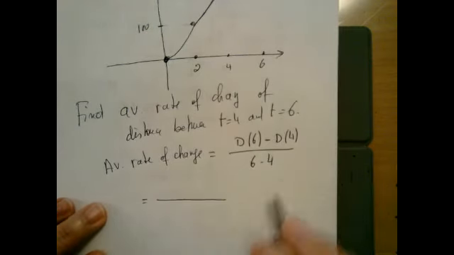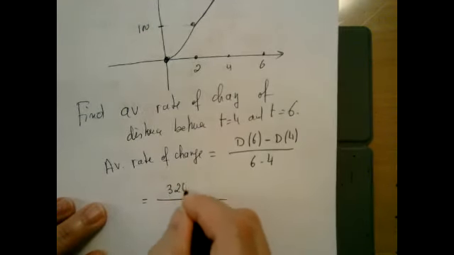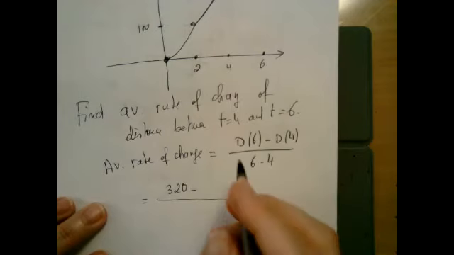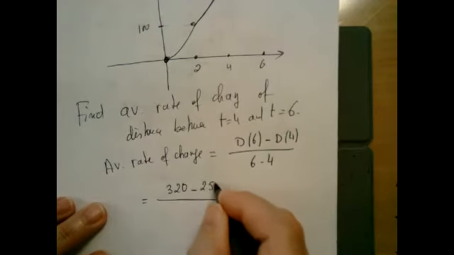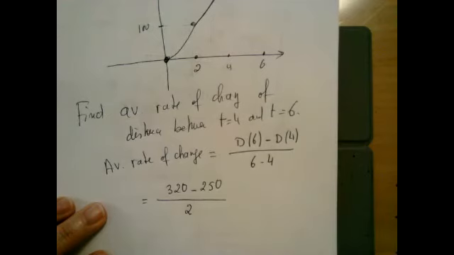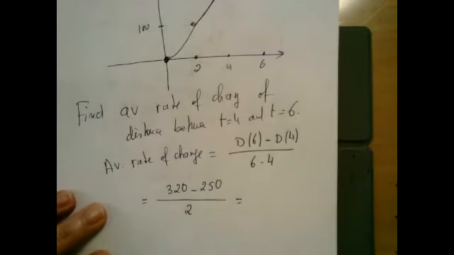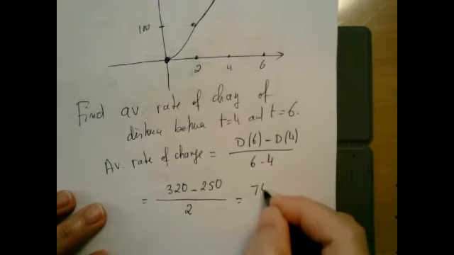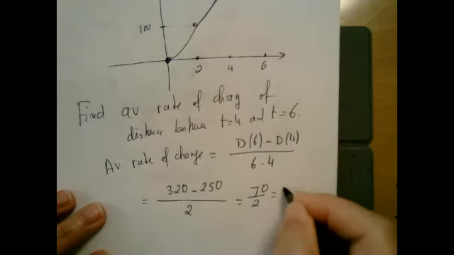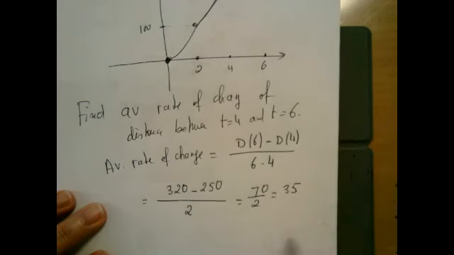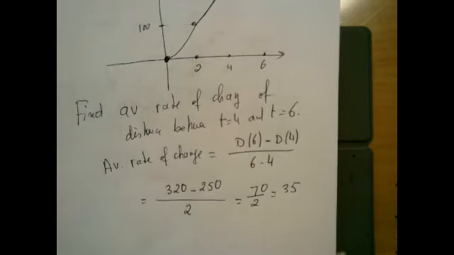So the distance at 6 is 320 minus the distance he has traveled, 250, divided by 2. That gives me 70 divided by 2, which is 35. Okay, so far I'm only computing numbers. Now let us interpret every single one of them.